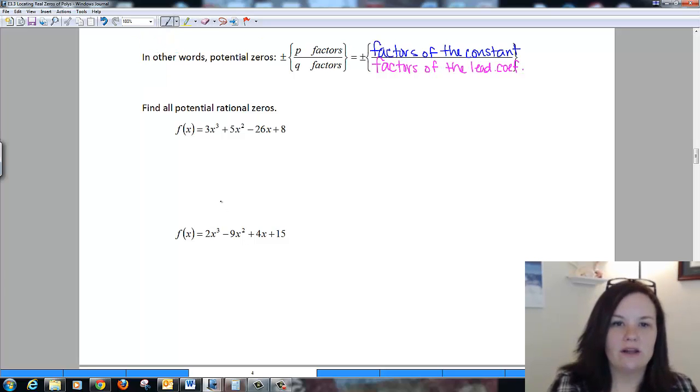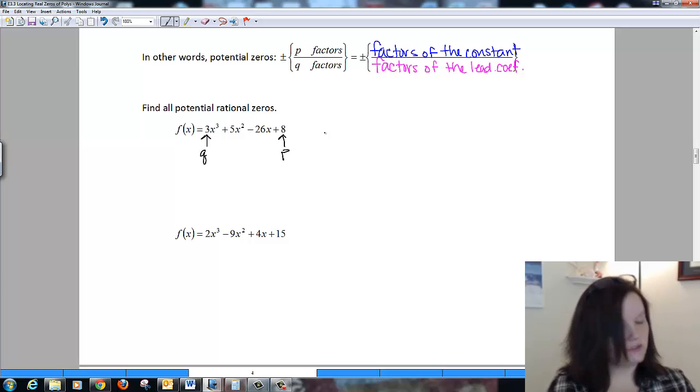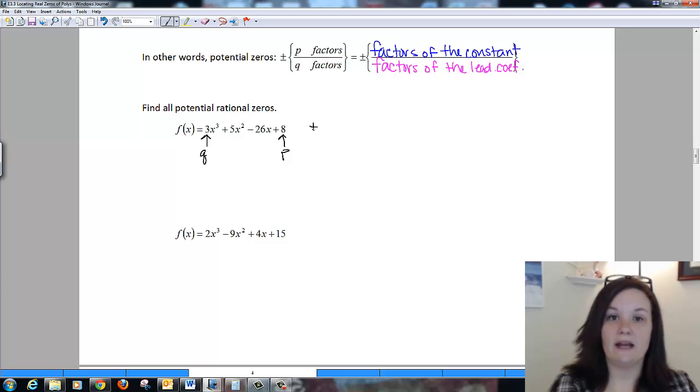So if I look at this first one, the leading coefficient, remember, is my q. My constant is the p. So if I want to find all potential factors, I'm doing plus or minus all the factors of my constant, so factors of 8, divided by all the factors of my leading coefficient.